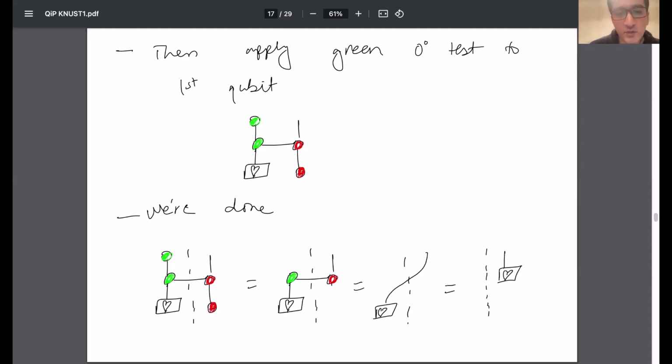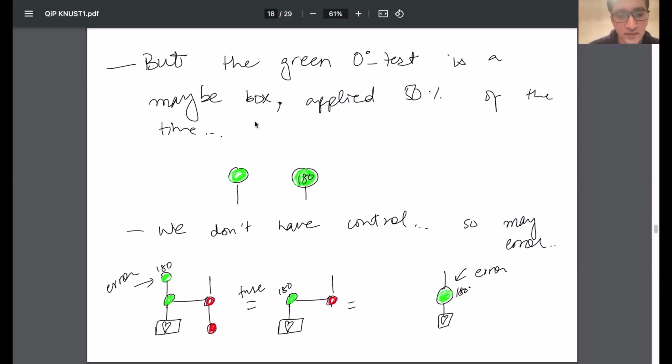So if we want to apply this test, we usually perform a measurement which can give two kinds of outcomes. To give you a very simple example, if you make a measurement in the z basis, then you can have a 0 state or a 1 state as the outcome.